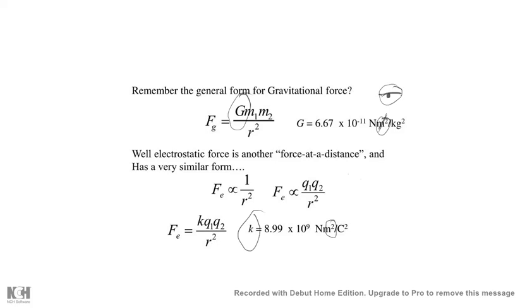In effect, when you force these two together, the constants are unified to 1. Now, if we unify G to 1 and K to 1, we wouldn't unify K to 1 because K would still be 1 over 4 pi.